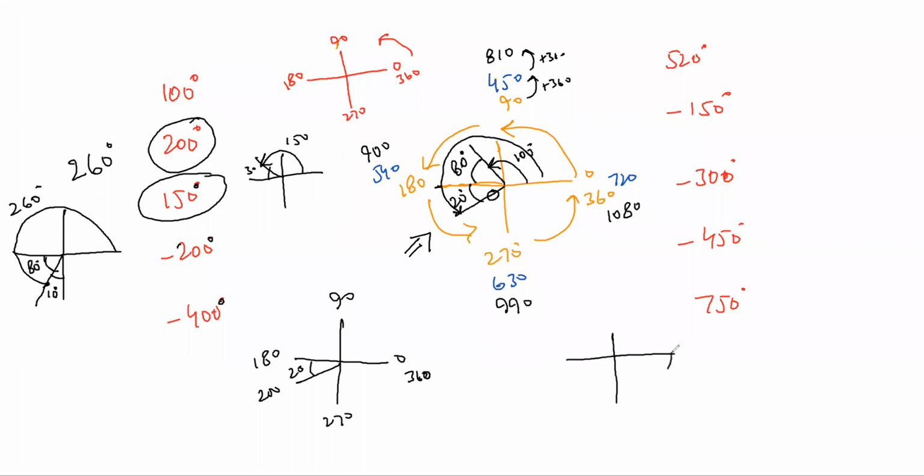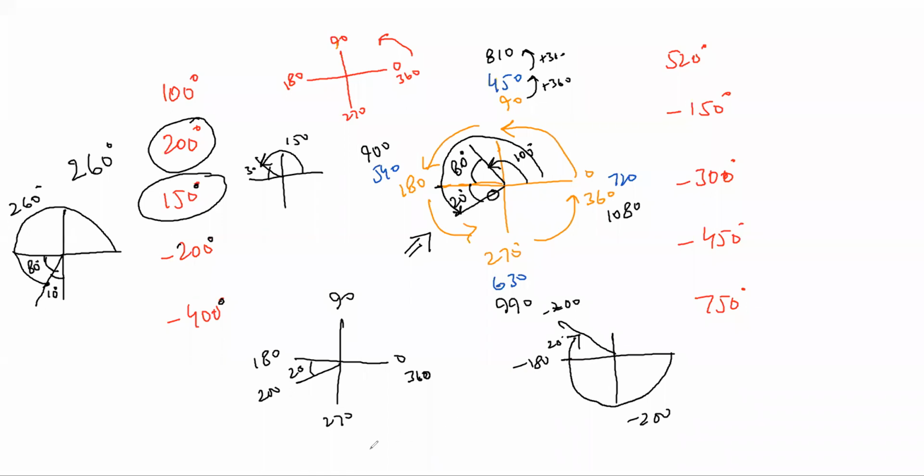This is minus 90, minus 180. Here you have minus 180, and this is minus 200. So this clearly gives you that this angle is going to be 20 degrees, in the second quadrant.